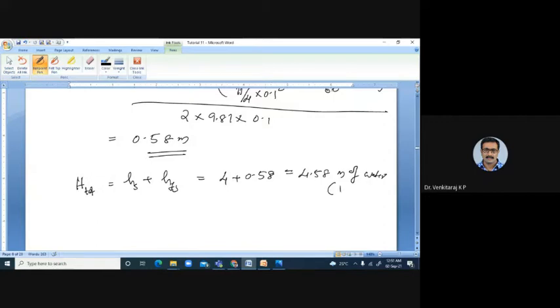So this is in terms of vacuum, or we can say this is equal to 10.3 minus 4.58 will be equal to 5.72 meters of water. So this is absolute. So that completes the problem.